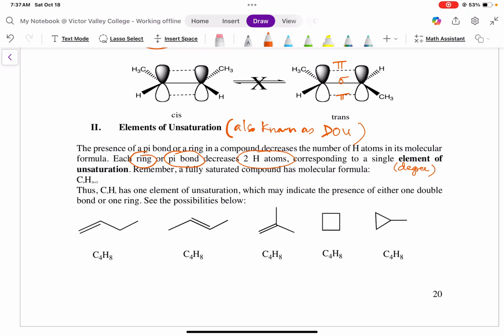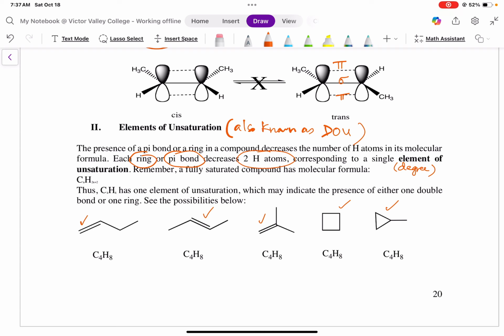Okay, so it's very simple. When you make an extra bond, you have to remove two hydrogens to make the extra bond. So that's one degree of unsaturation. All these molecules have one.